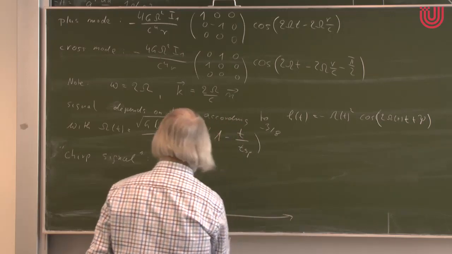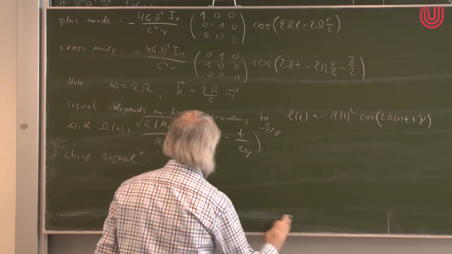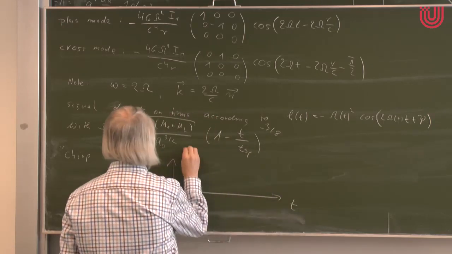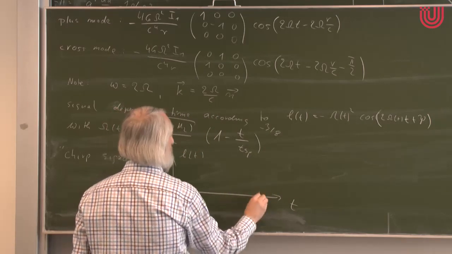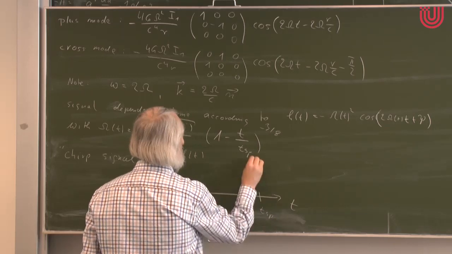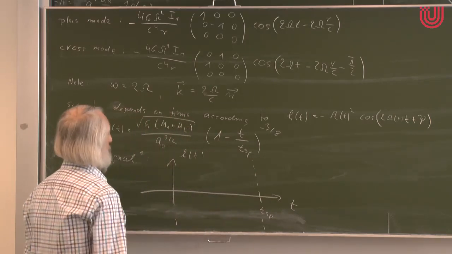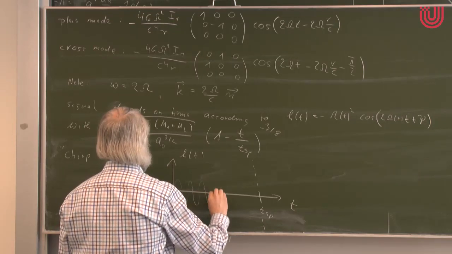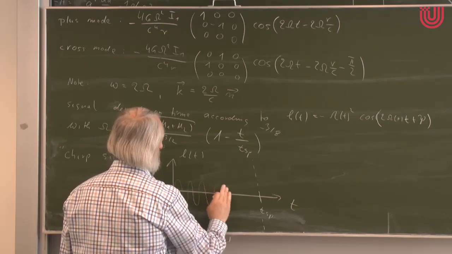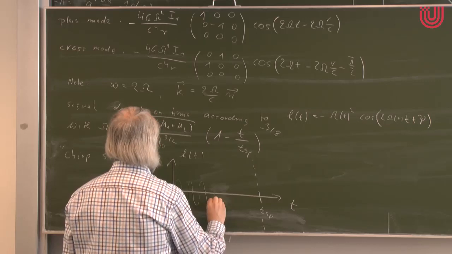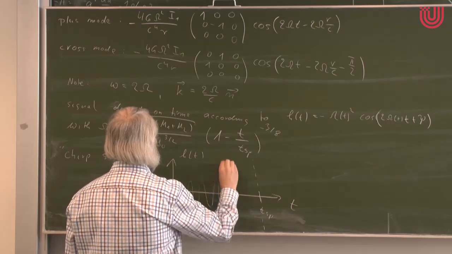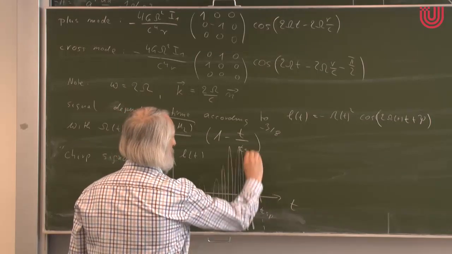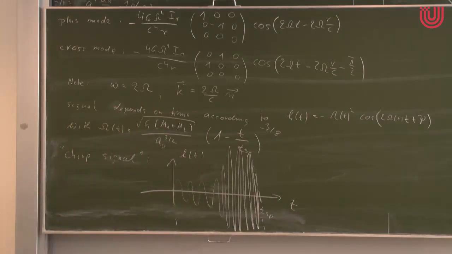Actually, I produced this with Mathematica, and I was really pleased that it looks precisely as I wanted it to look. So here is somewhere the limit. It starts oscillating, then the period becomes smaller, and the amplitude becomes bigger, and this approaches a limit.